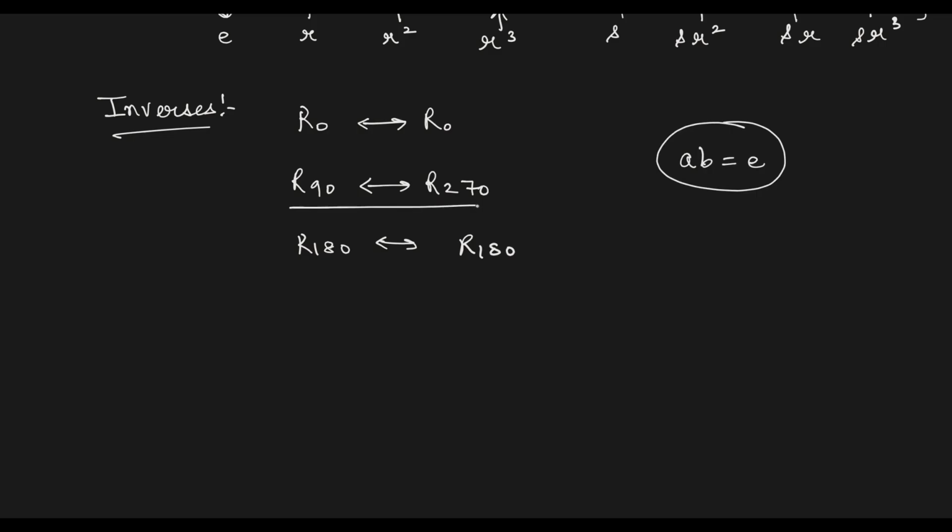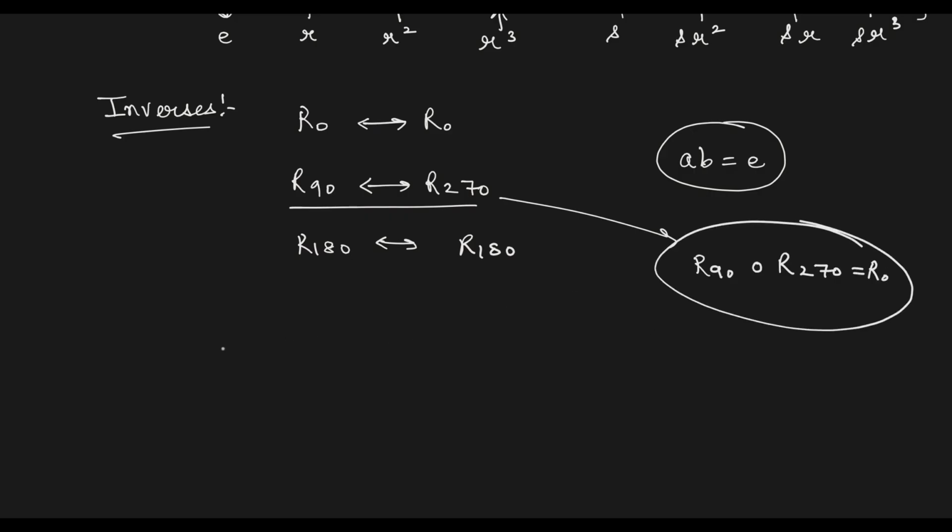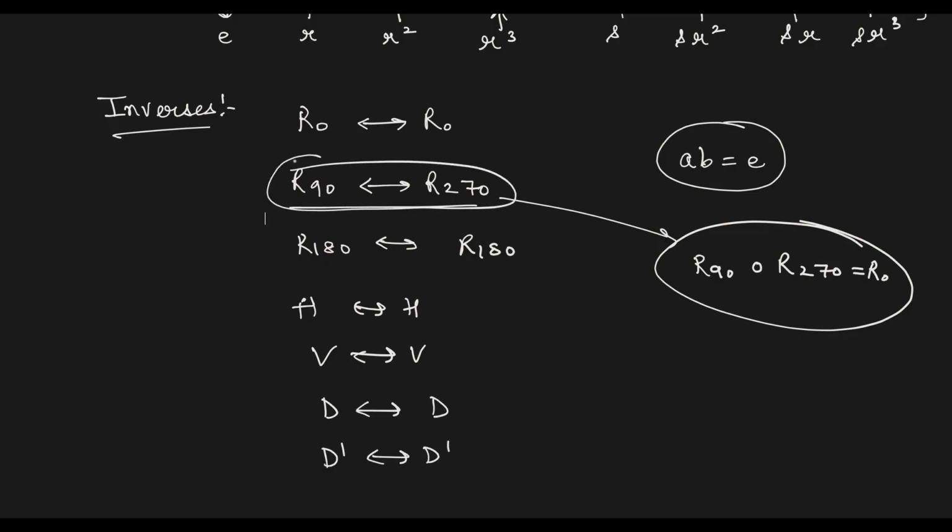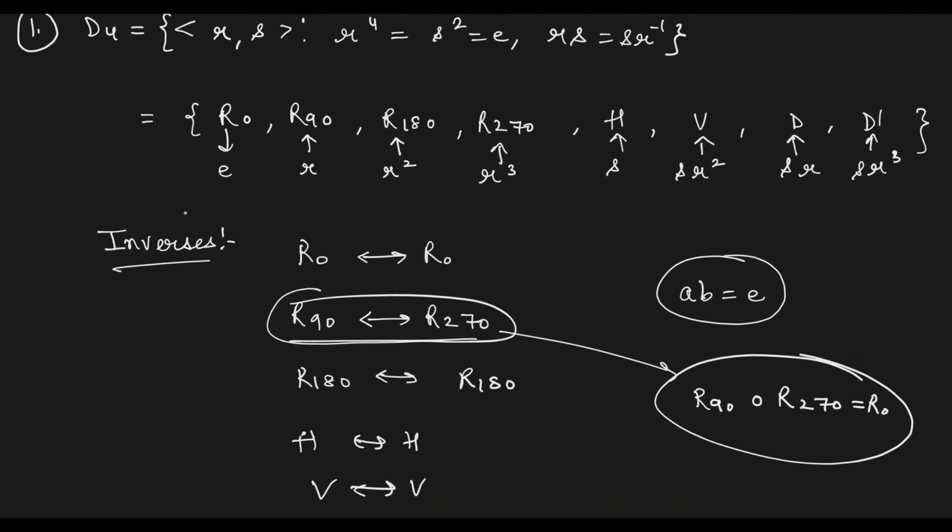So this means that R90 composed with R270 should be R0. Except R90 and R270, all the elements of D4 are self-inverses. So this is E, R, R square, R cube, S, SR, SR square, SR cube.